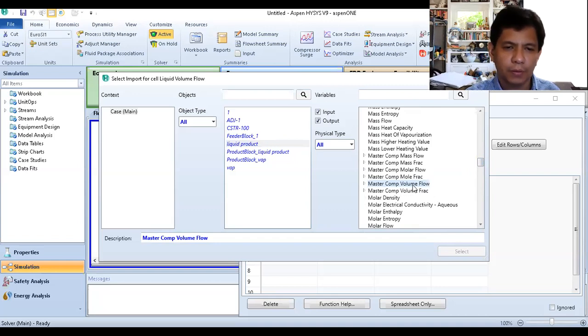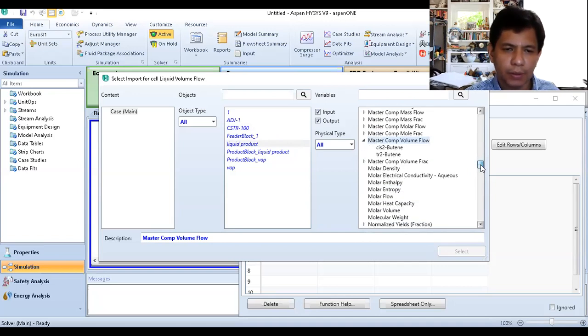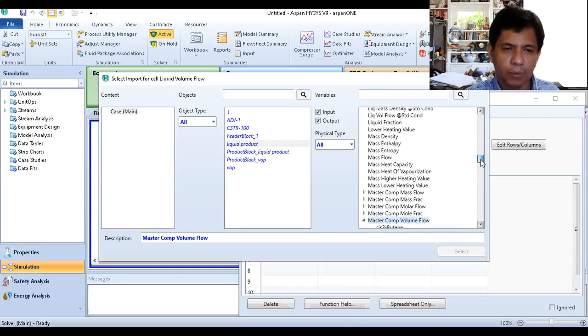Very specific component talaga. Not that one. We want the total volumetric flow.